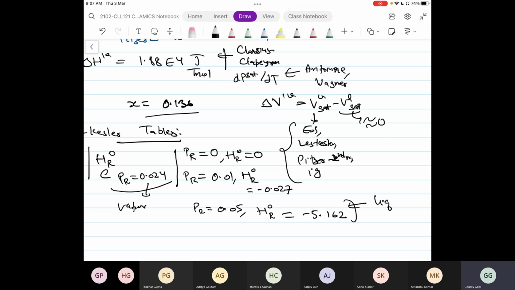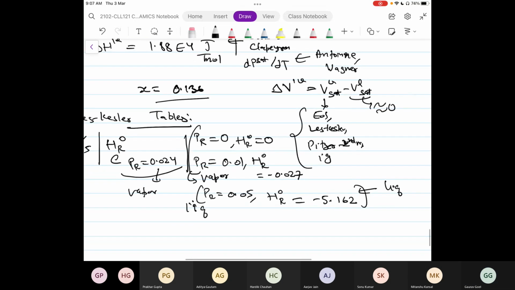Lee-Kesler contains data for both vapors and liquids. These two correspond to vapor. This corresponds to liquid. And what you need is data for a vapor. So typically we say do not extrapolate.